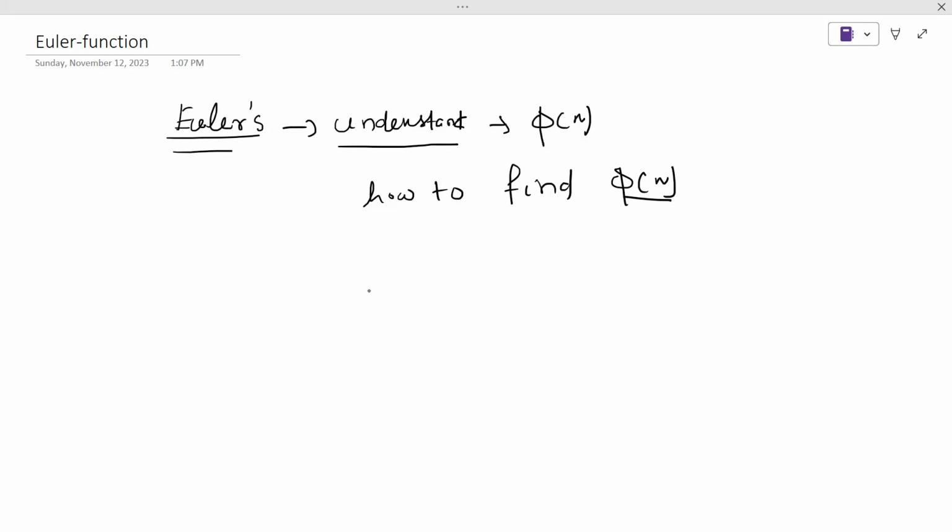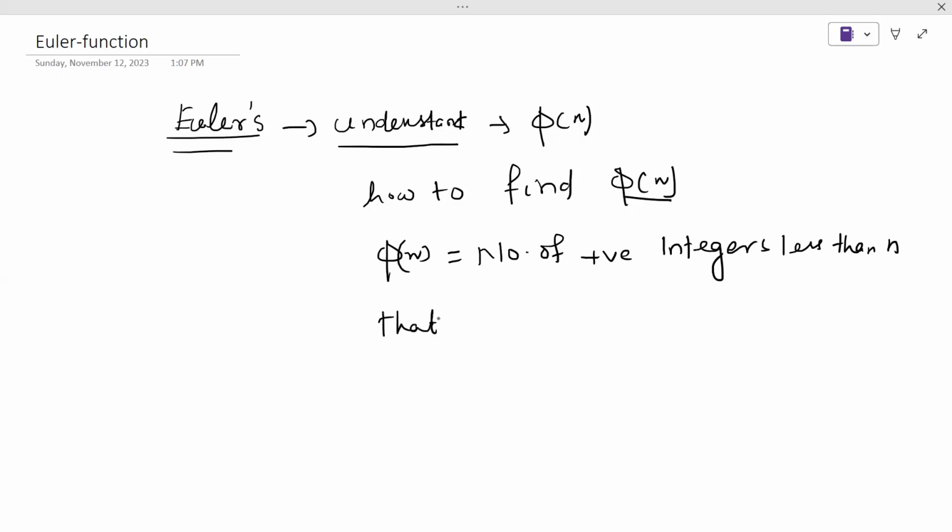The phi n function is specially represented as the number of positive integers less than n that are relatively prime to n.